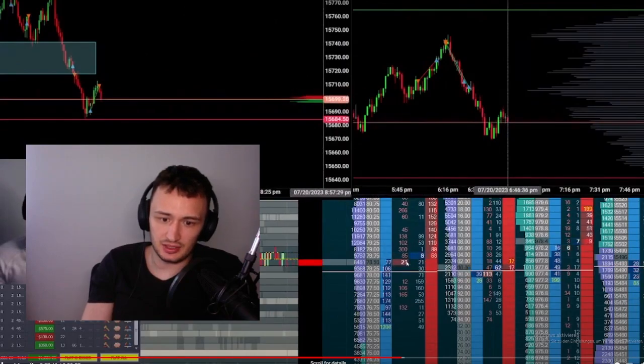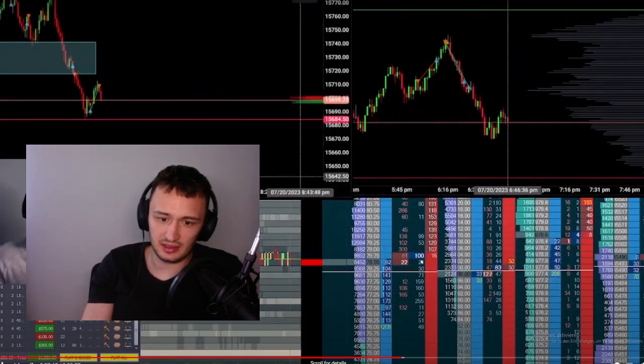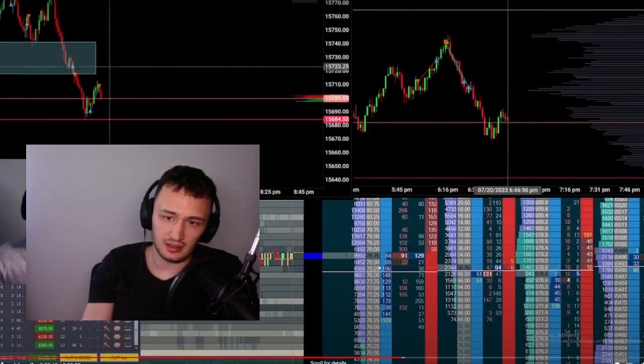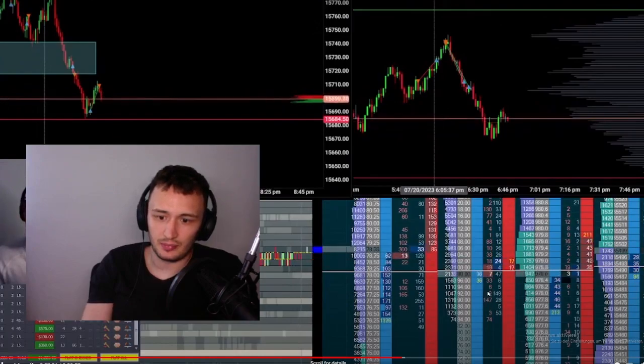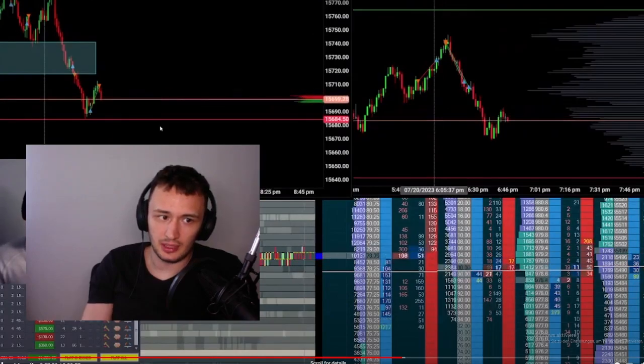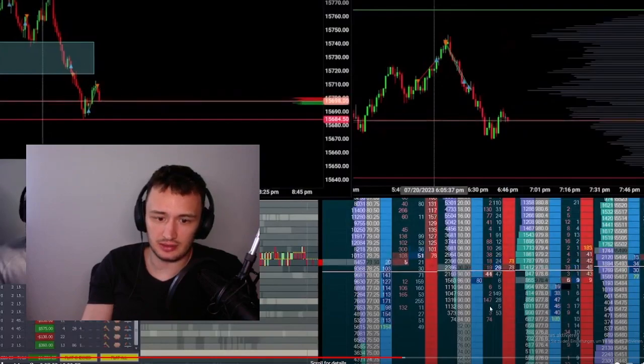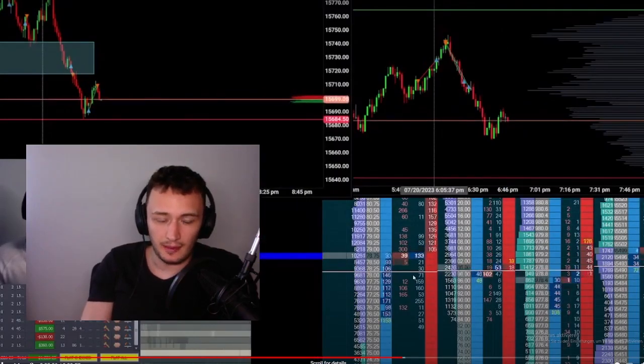I mean, the ES is just holding. It kind of lost 80, I guess, but it's still holding somewhat here. And NQ is pulling back very deep. My exit was kind of nice here, but yeah.